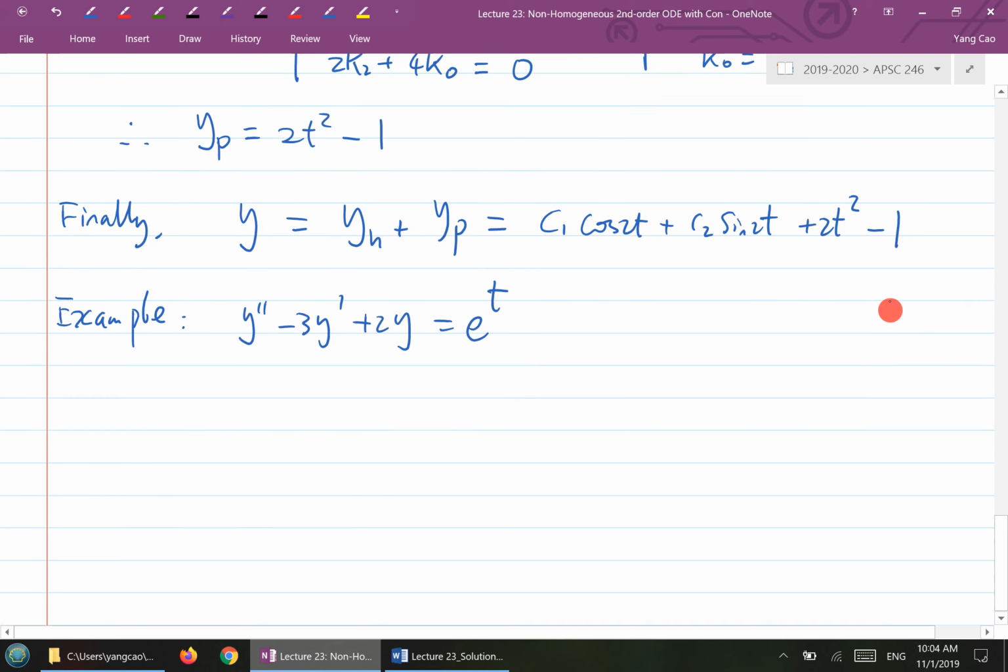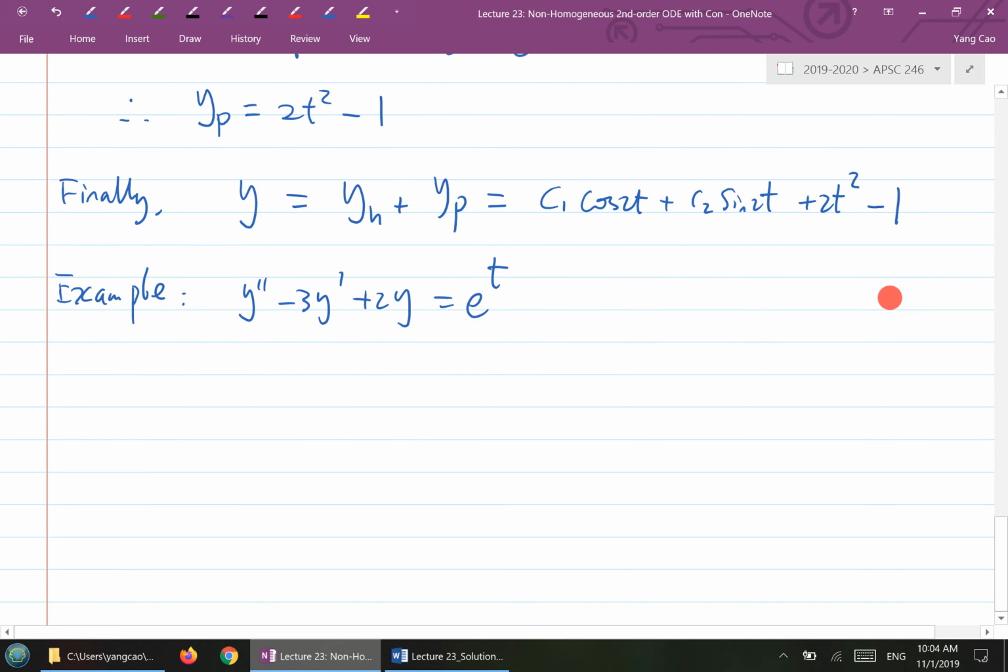For this one here, I will focus on finding this yp, but I still need to do step 1. Step 1 is to find the yh. So yh here, lambda squared minus 3 lambda plus 2 equal to 0 is the characteristic equation of the homogeneous one.